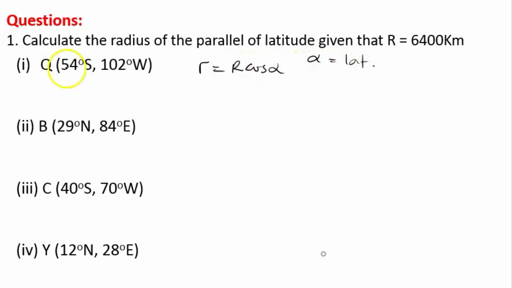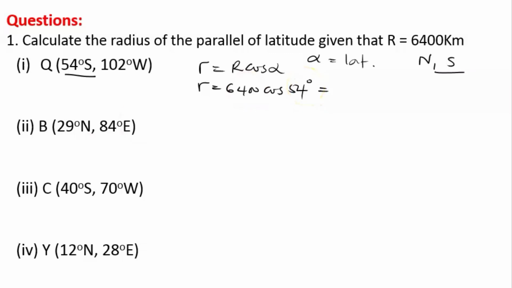I told us from previous videos that we normally identify lines of latitude by the north and south direction. So r is equal to 6400 multiplied by cos 54 degrees.